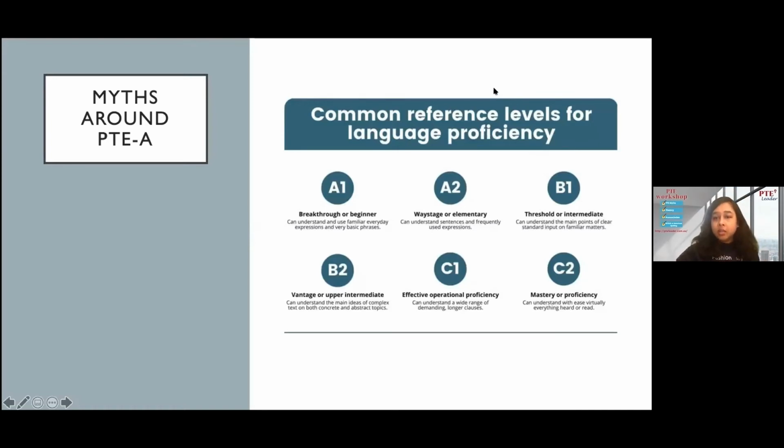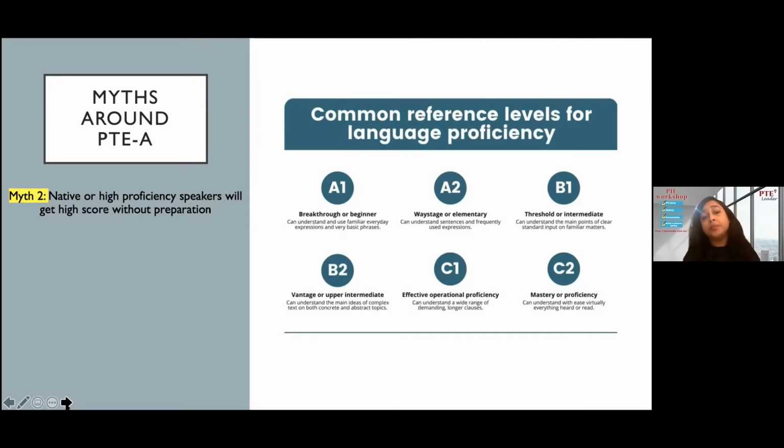Yes, the second myth about the PTE test is that native or high proficiency speakers will get a high score without preparation. I don't know where this myth comes from, but people assume that if you're a very good English speaker, be it native or English language learner, you don't need any preparation.